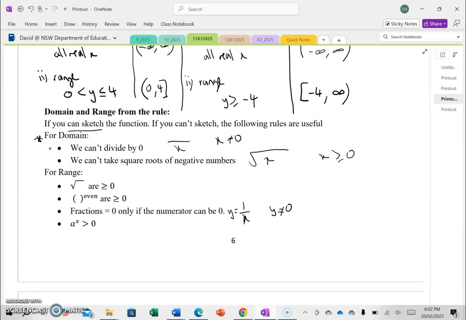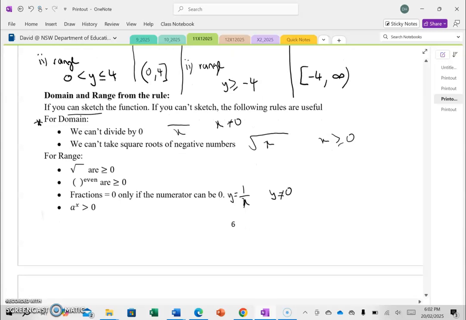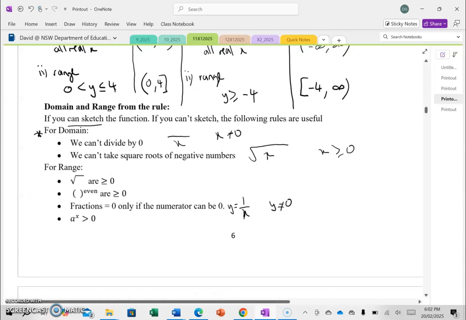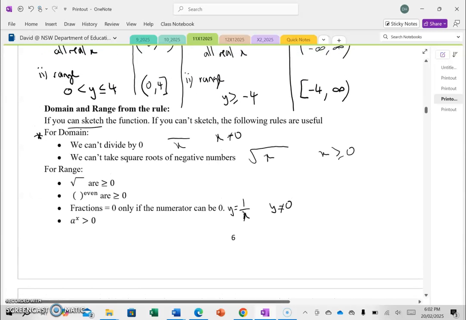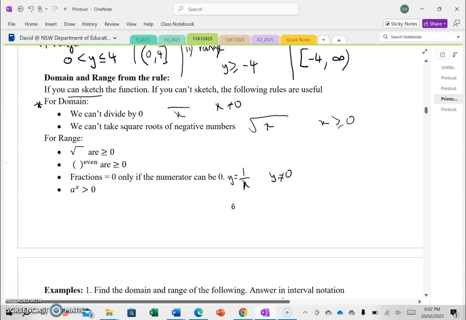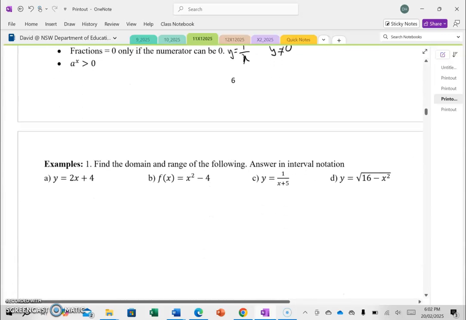And if you've got an exponential, a to the power of x, where a is just a number, that's always greater than 0. So that's a couple of things that can help you for range, but ultimately the best way to work out range is to sketch the function, which usually you'll be able to do unless it's messy. Alright, let's do some questions.